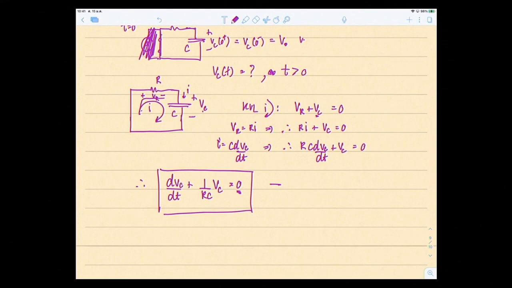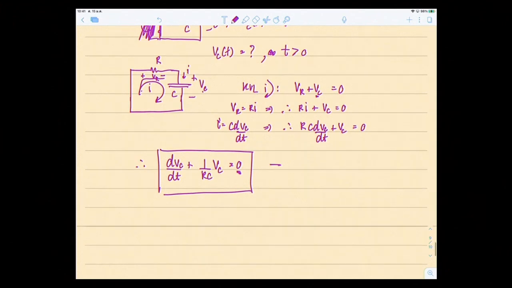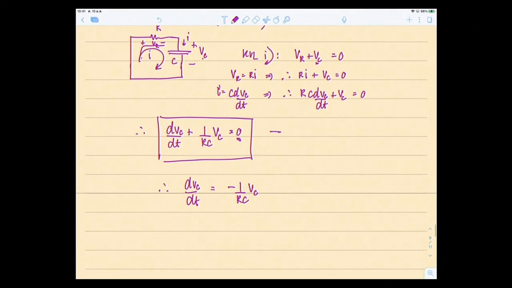I'm going to use the separable variable method. dVC/dt equals minus 1 over RC times VC. Separable variables means there are two variables in this equation, VC and t, so I separate them onto different sides of the equal sign.